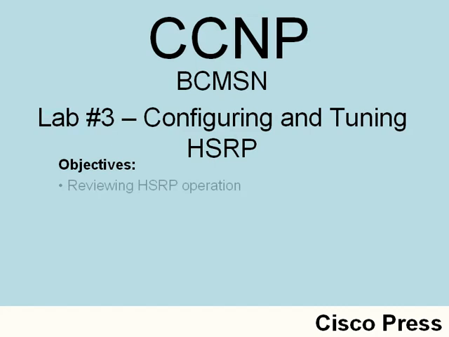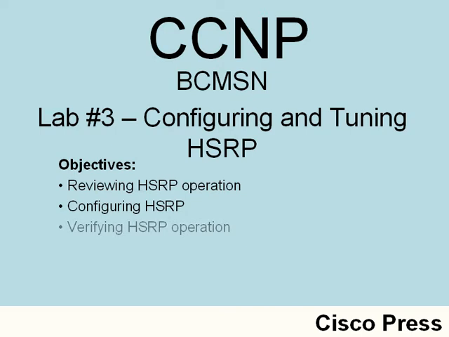We're going to begin Lab number 3 with a review of how HSRP operates. HSRP, that's Cisco's proprietary Hot Standby Router Protocol. We're going to see how to configure HSRP with just a couple of basic configuration commands, and we're going to verify HSRP operation with a show command.